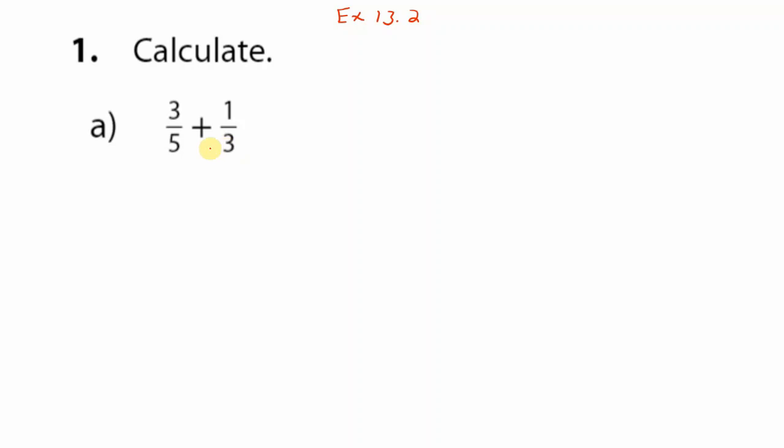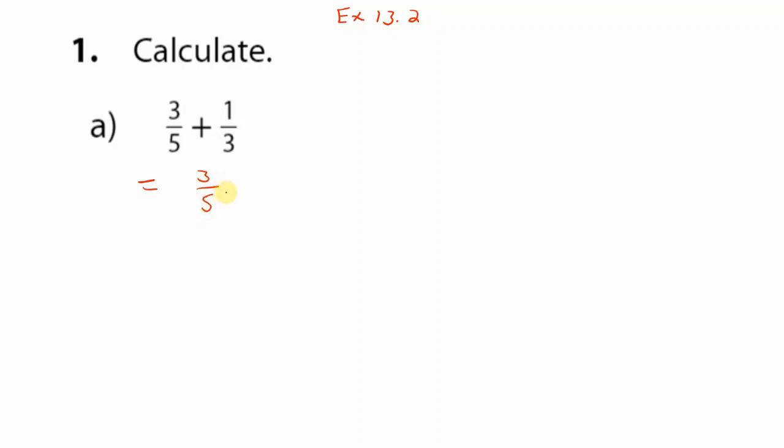So 5 times 3 is 15, so 5 can go into 15, 3 can also go into 15, so 15 will work. So we can make that our common denominator. In order to get to 15, we had to multiply the bottom by 3. Whatever we do to the bottom, we have to do to the top.